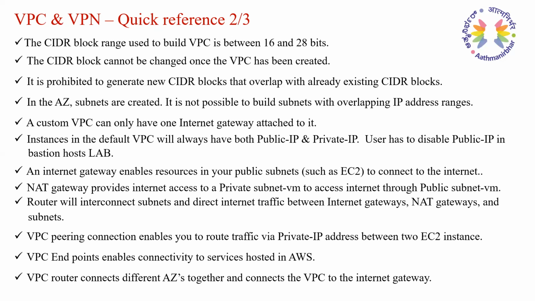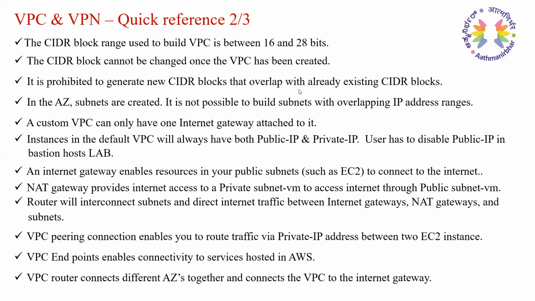A router will interconnect subnets and direct internet traffic between internet gateways, NAT gateways, and the subnets. That is the routing table that we did. A VPC peering connection enables you to route traffic via private IP address between two EC2 instances.